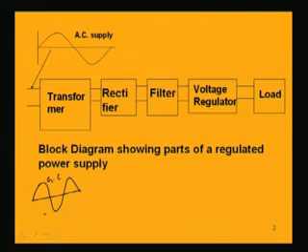Using this transformer we first step down this voltage, and this reduced voltage is fed as input to the rectifier. And a rectifier, which we discussed earlier, like half wave rectifier and full wave rectifiers, is used for rectifying the AC input to convert it to DC.